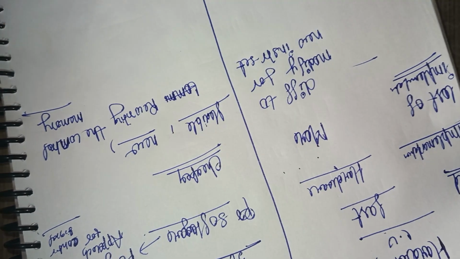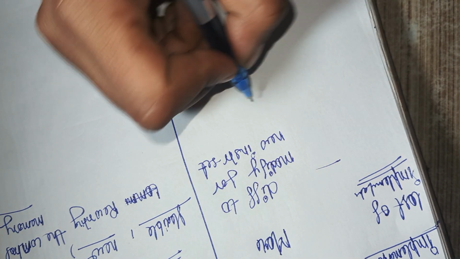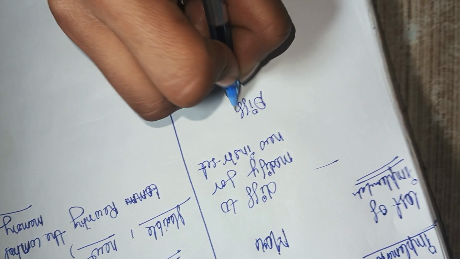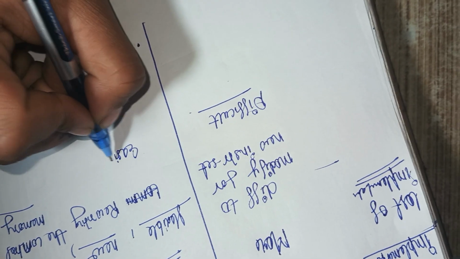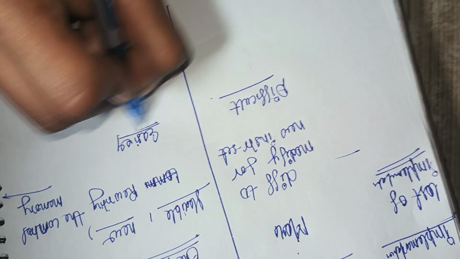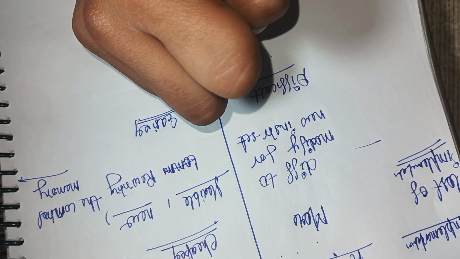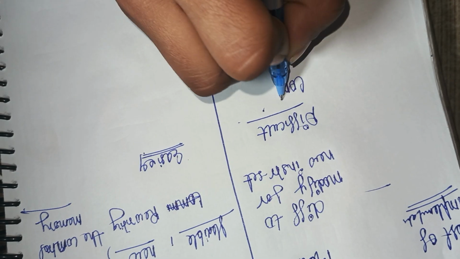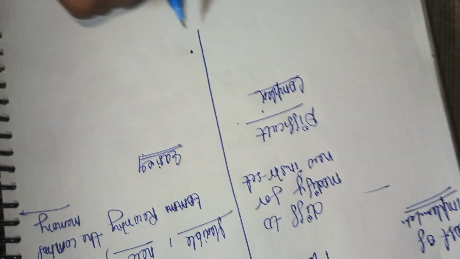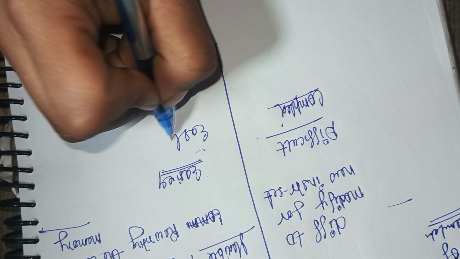Okay. Ability to handle a complex instruction set is difficult here and it is easier here. And decoding in the hardwired control unit is complex, whereas in the microprogram control unit it is easy.